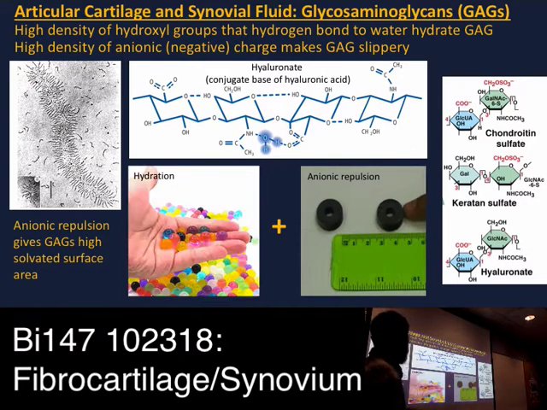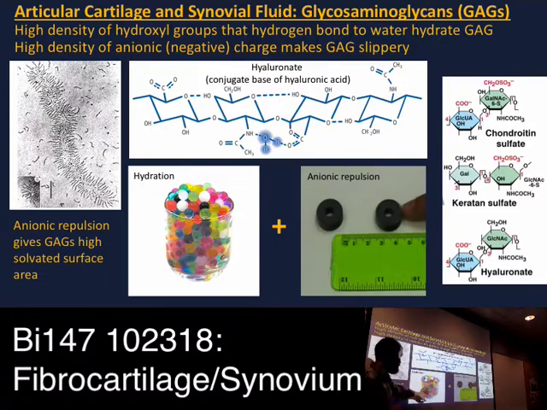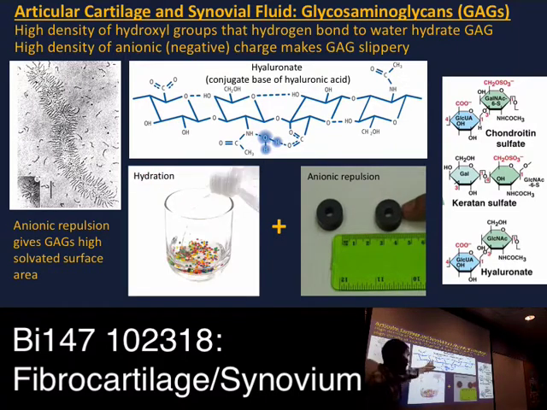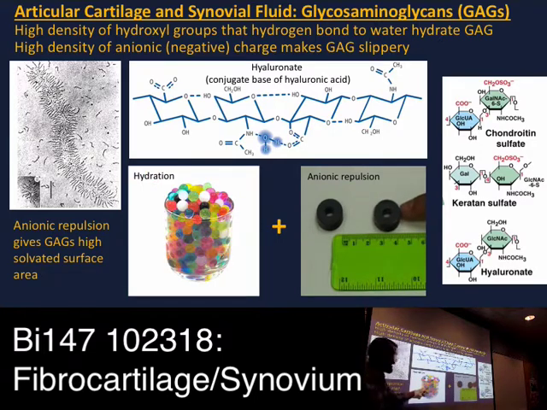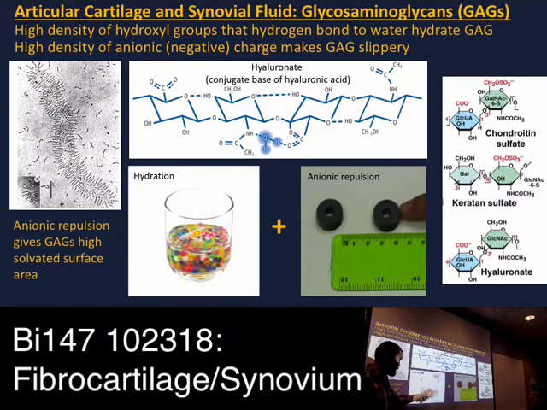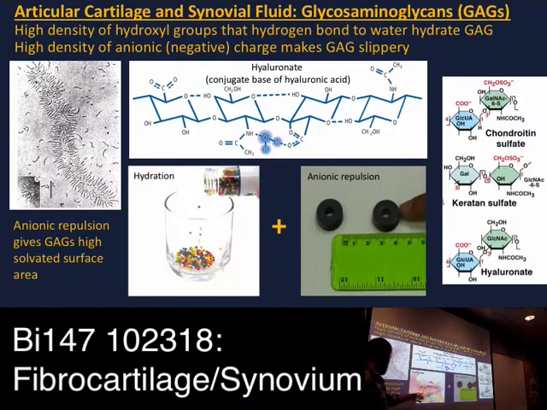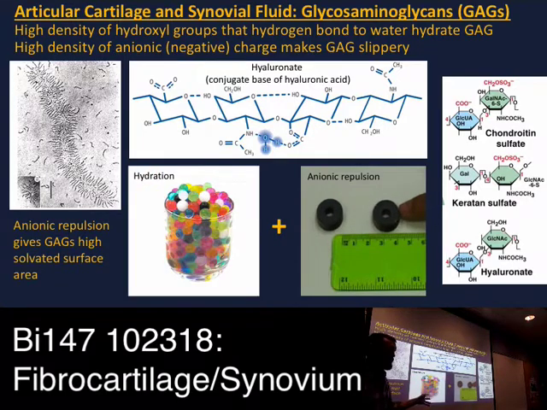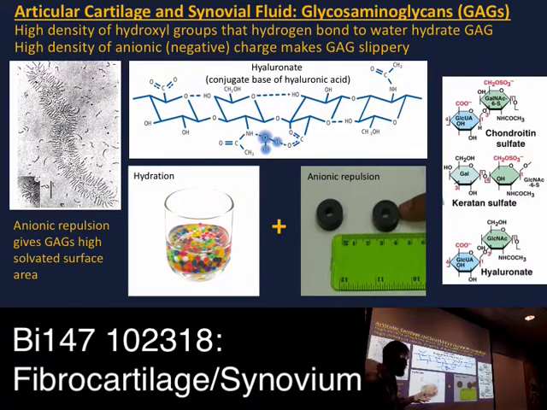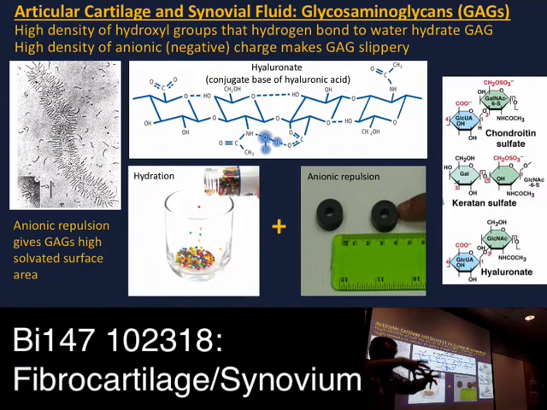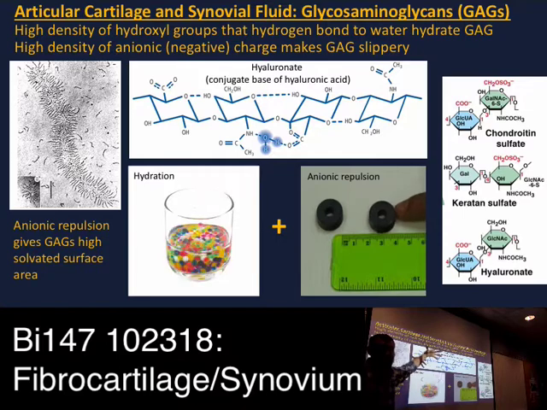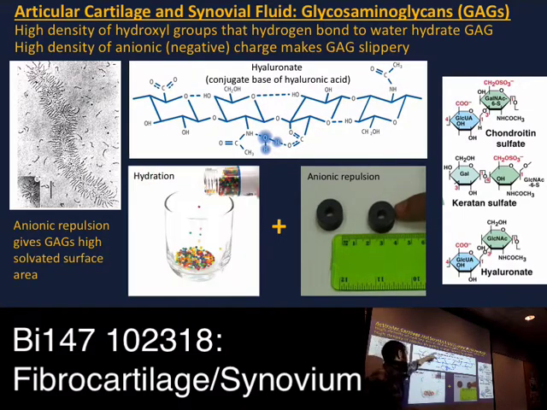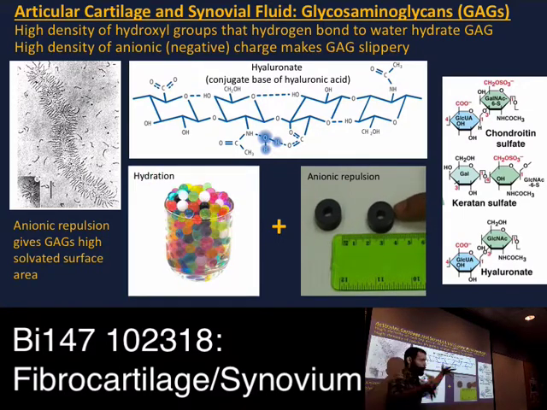Okay, and here we're talking about hydration. So you can have one of these glycosaminoglycans dehydrated. You add water to it, and just like, what are those things called? Orbeez. Yeah, okay. You add water to them, they absorb that water and grow, right? In the same way, water begins to intercalate itself.